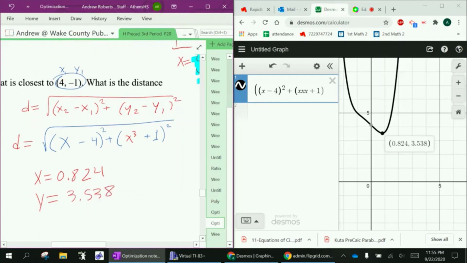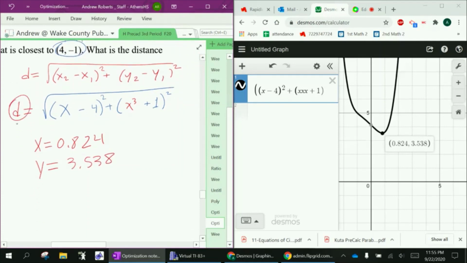Now, this is not your point. y is actually your distance. So the minimum distance that you can get, the closest you can get between the graph and the point, is 3.538 away. Now this is my x, and the way I find my y is I know y equals x cubed.